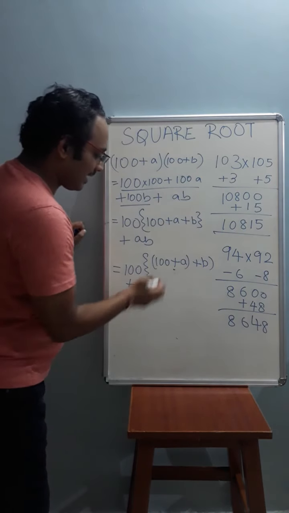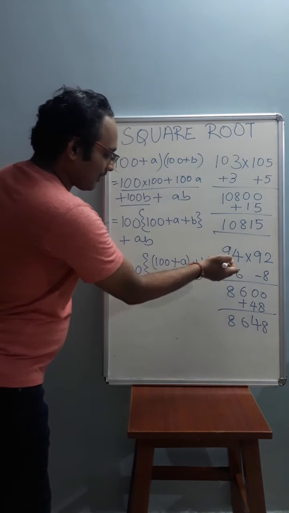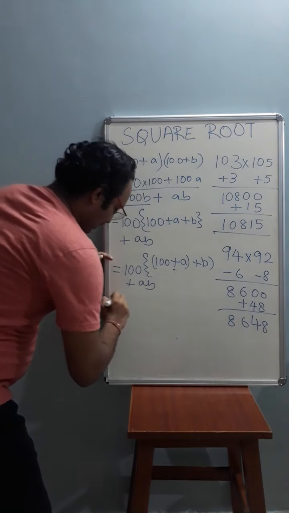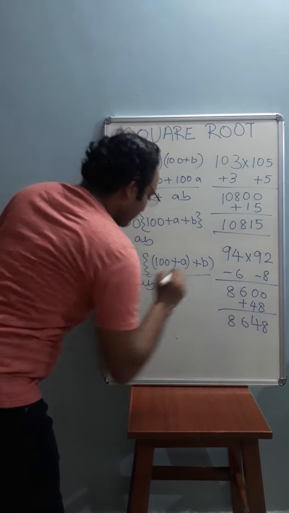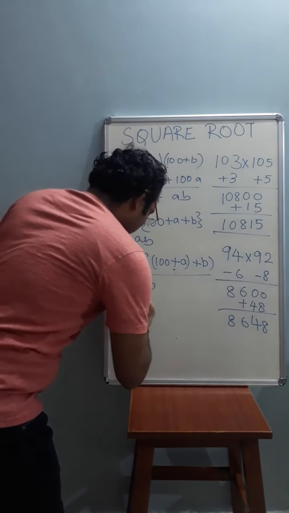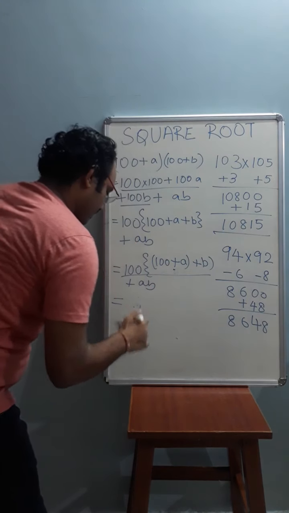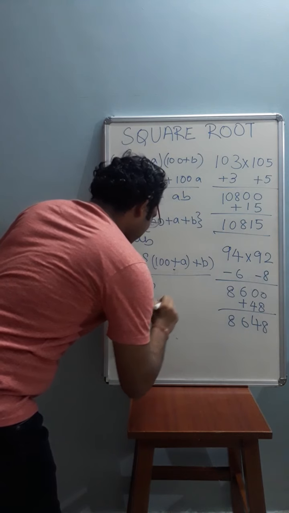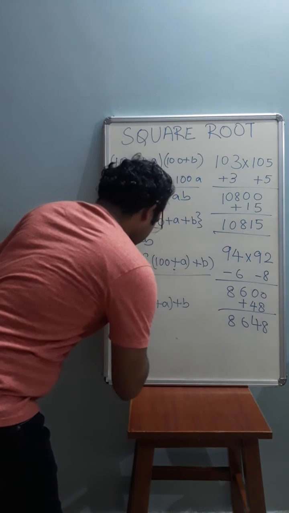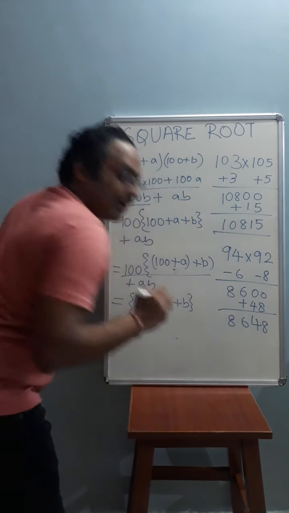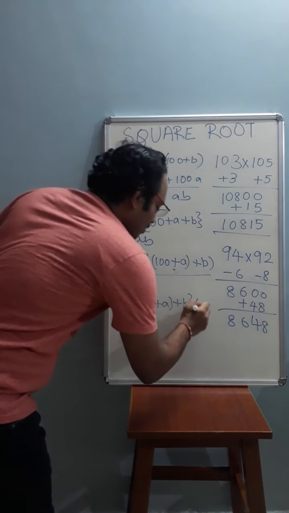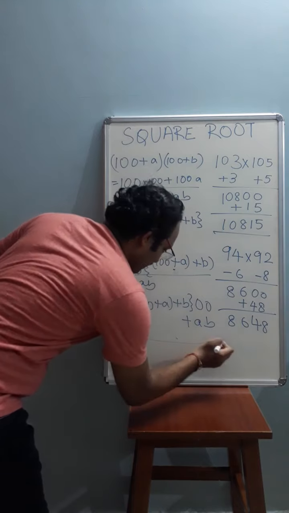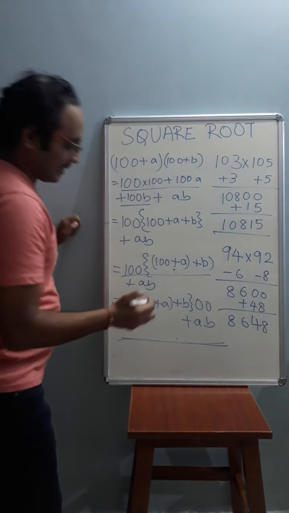In this case, 100 plus A is 94, where A is minus 6. In this, it would be 100 plus A plus B into 100, which means followed by 2 zeros, plus AB. This is what we did.